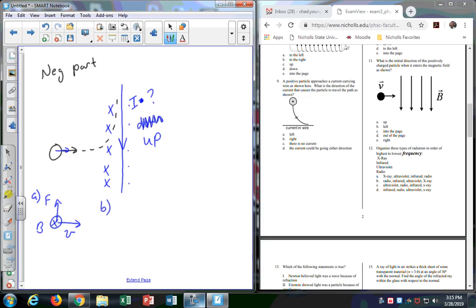Whenever you see negative or electron, you need to put a big old star right next to it, because you might forget, just like I did by the end of the problem, that you're dealing with a negative particle instead of a positive particle. So really, my magnetic field should not be into the page, but out of the page for a negative particle to give it that force. And then this changes.